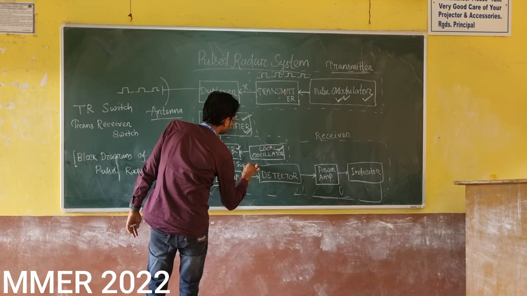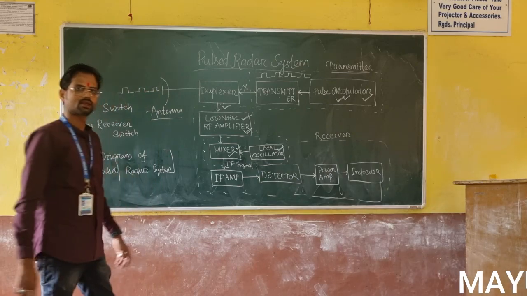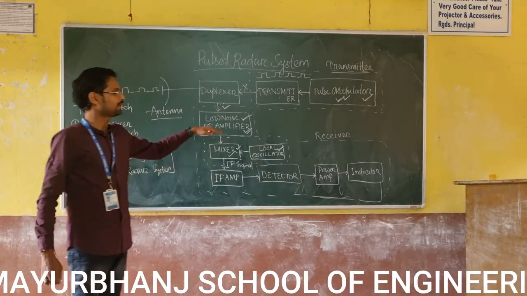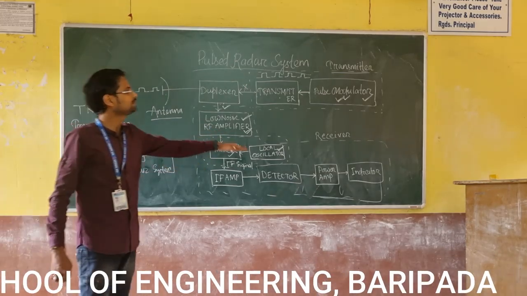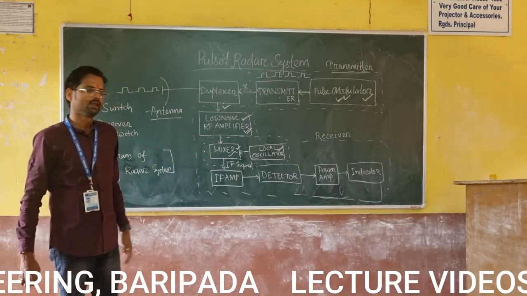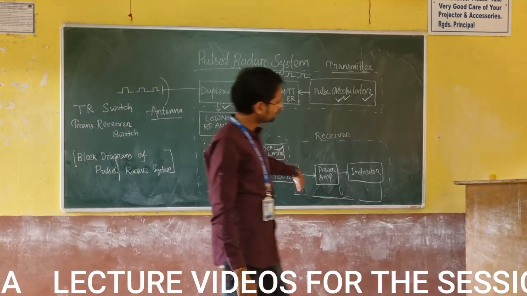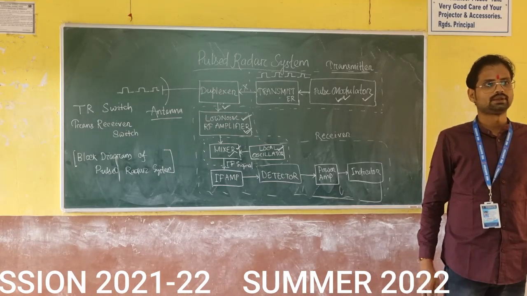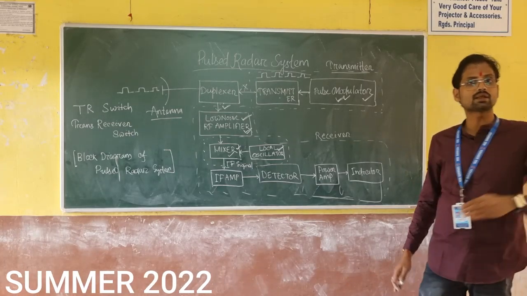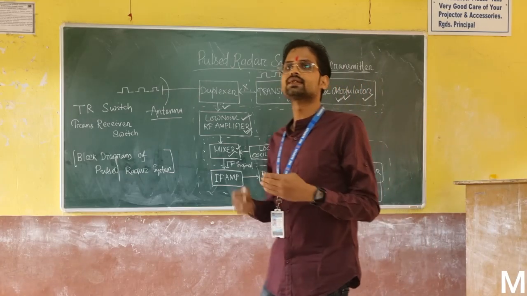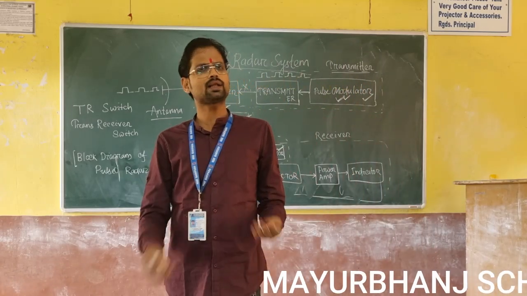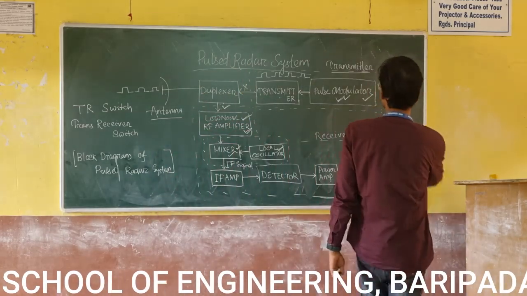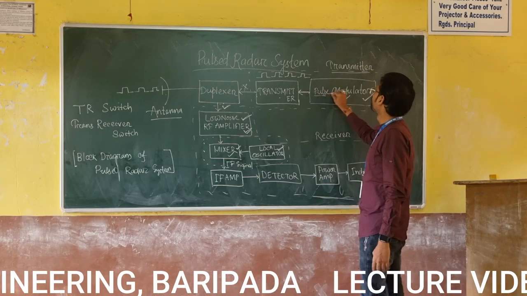IF amplifier for the amplification. Clear? The IF amplifier amplifies the IF signal and feeds it to the detector stage. Now, the signal is in the detector stage. What does a detector do? Detector, as its name suggests, detects the information signal. You may ask why the information signal is needed. Because in the transmission, the signal is pulse modulated.